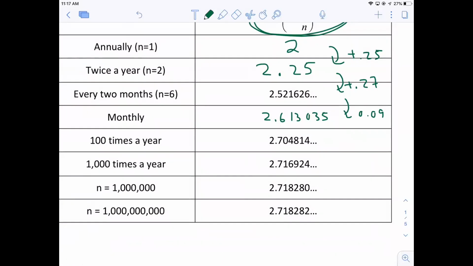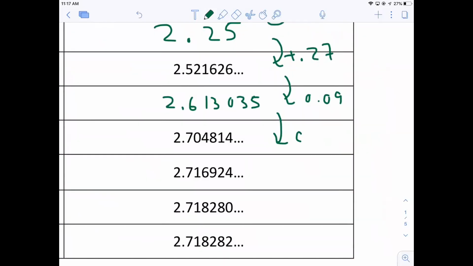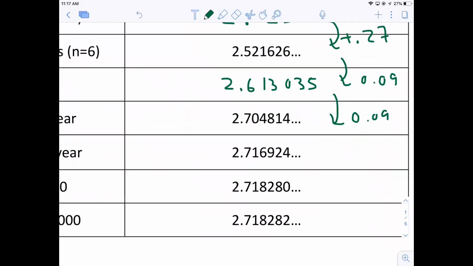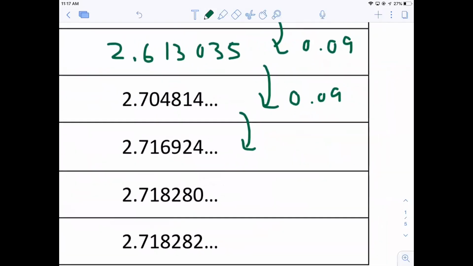Then if we compound 100 times a year, if we change n to 100, now we're going up by another 9 cents, it looks like. Then when we do 1,000 times a year, we're going up by about 1 cent.